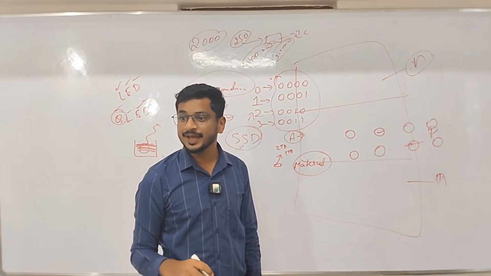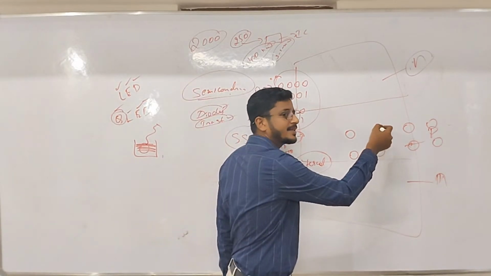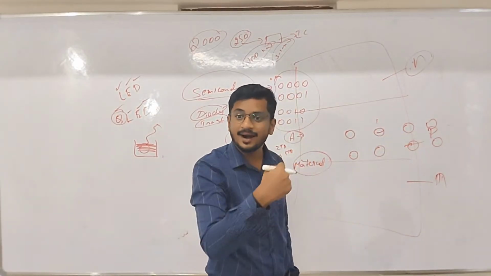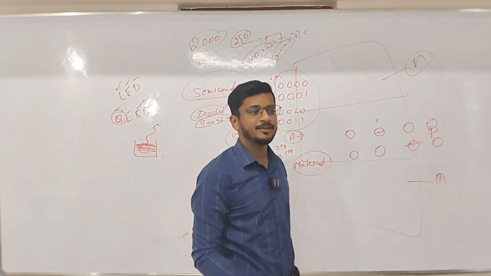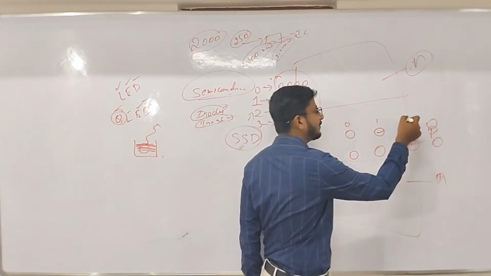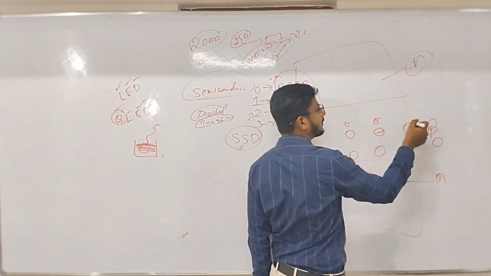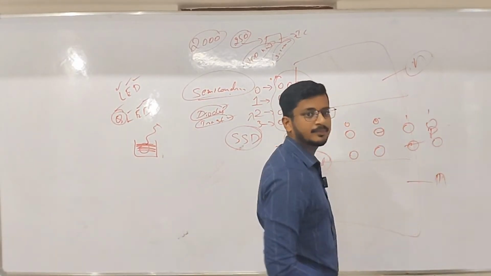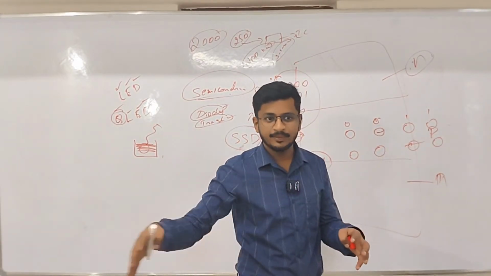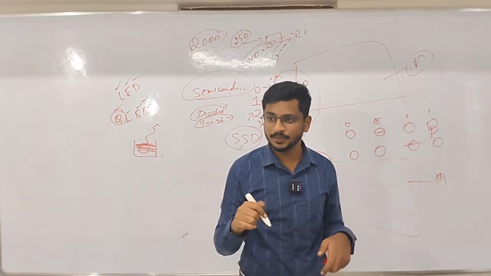I have to give energy. If I give energy, what does it have? Charge. If it has charge, then 1. That is our interpretation. If we don't give charge, that is 0. Now I will give 0 here, 1 here, 1 here. What did it become? 3. Like that I have to make the material do it.